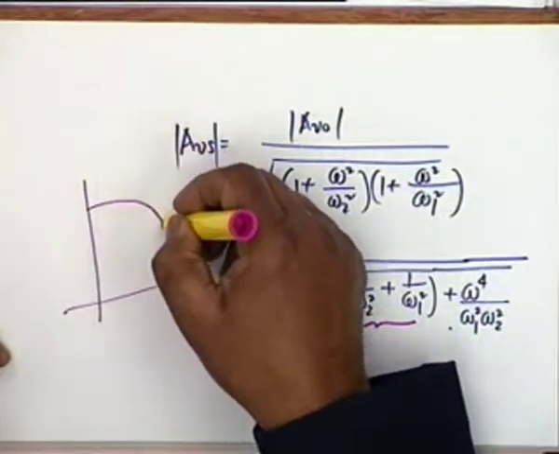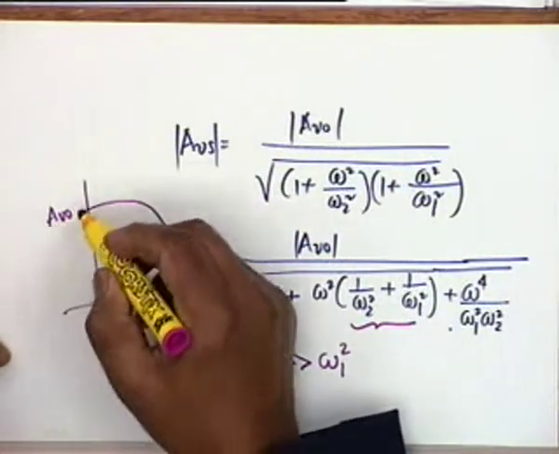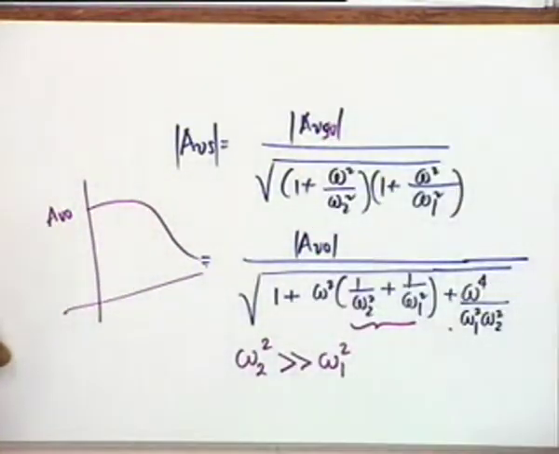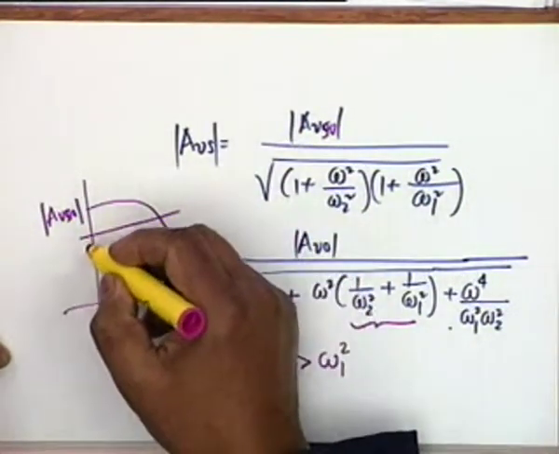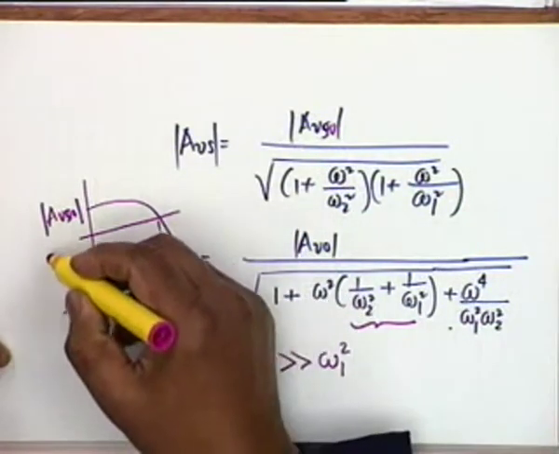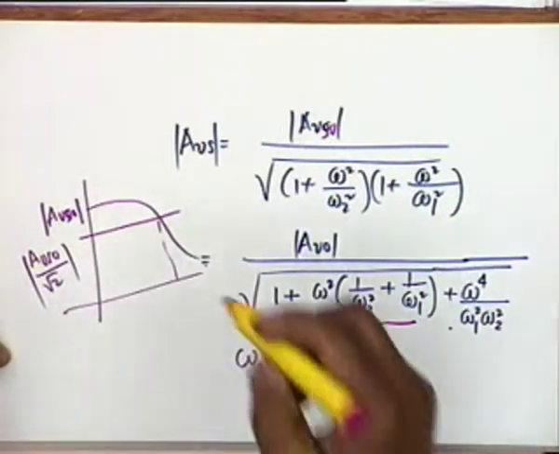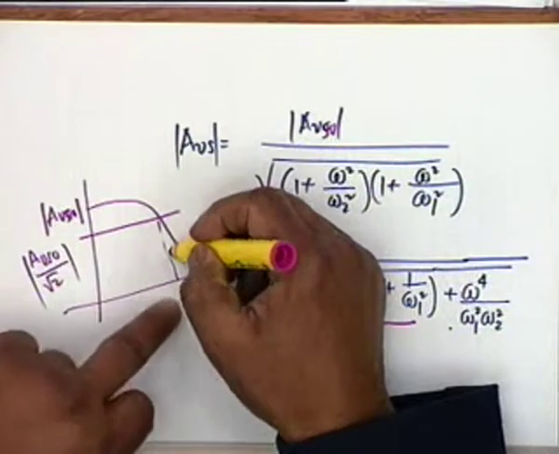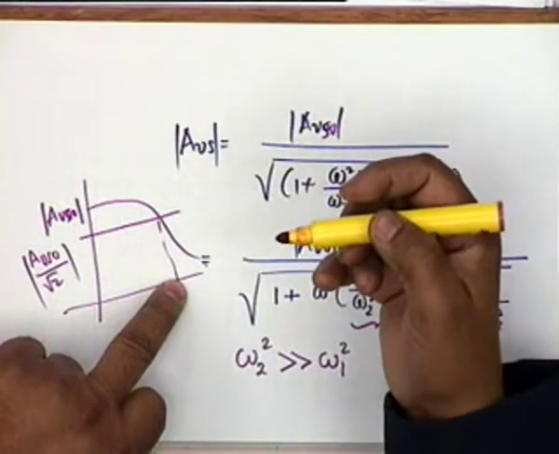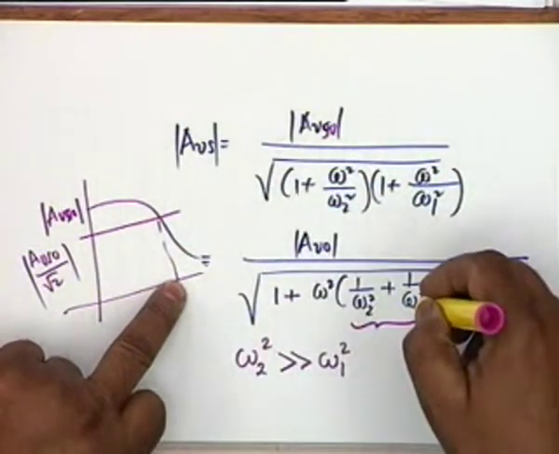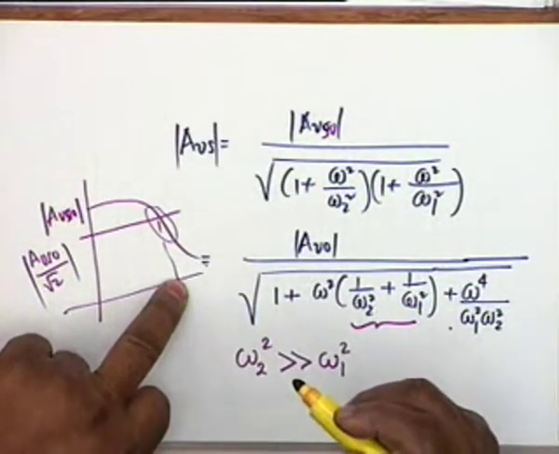What happens is the response falls like this, and this is AVS0. Let's not make a mistake. This is AVS0, and what we want is the frequency at which the magnitude is AVS0 divided by root 2. Now at about this frequency, the effect of omega 2 is negligible. This is what I want to show. So I am finding for frequencies near this frequency, which will be obviously close to omega 1.